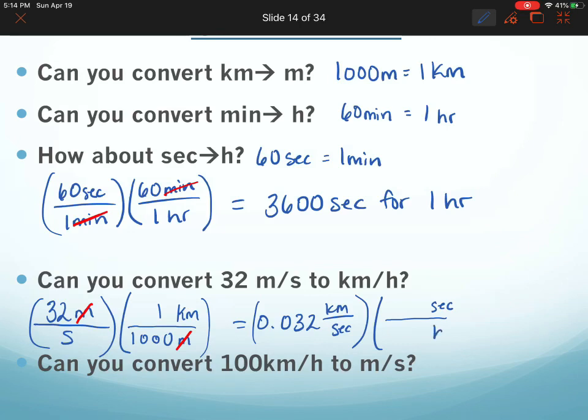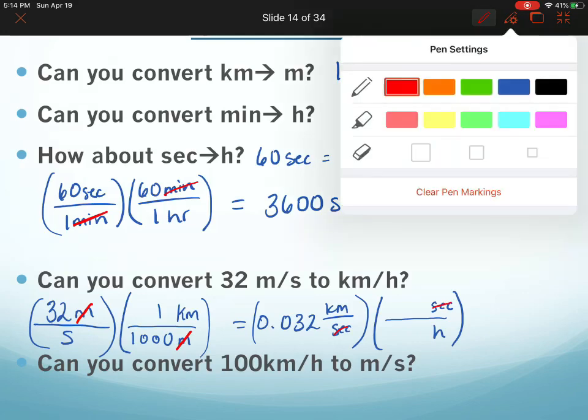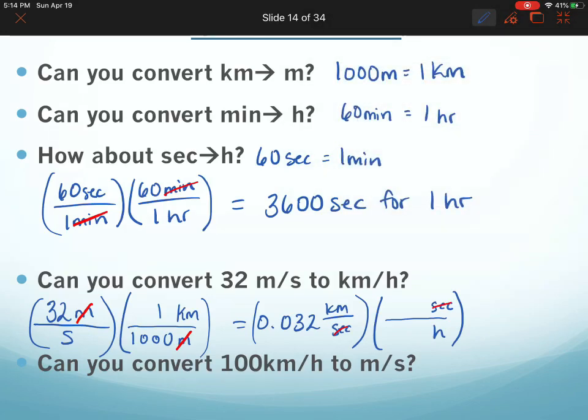Again, I want to get rid of seconds. They're on the bottom of the fraction, so I have to put them on the top, and hours on the bottom. There we go, my seconds cancel out. What do I know about hours and seconds? For every 1 hour, we have 3,600 seconds. So I take 0.032 and multiply it by 3,600.